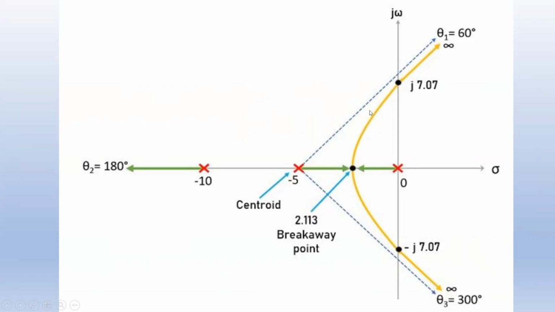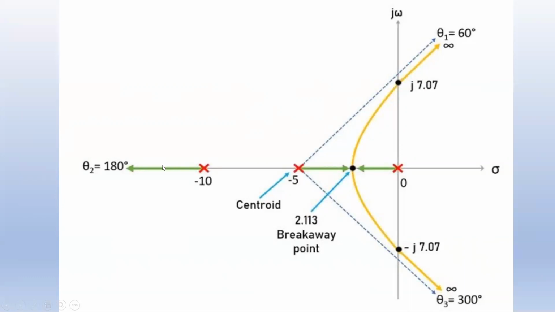And these branches are moving in such a way that these asymptotes are making 60 degrees and 300 degrees angle respectively, and intersecting the imaginary axis at j 7.07 and minus j 7.07.